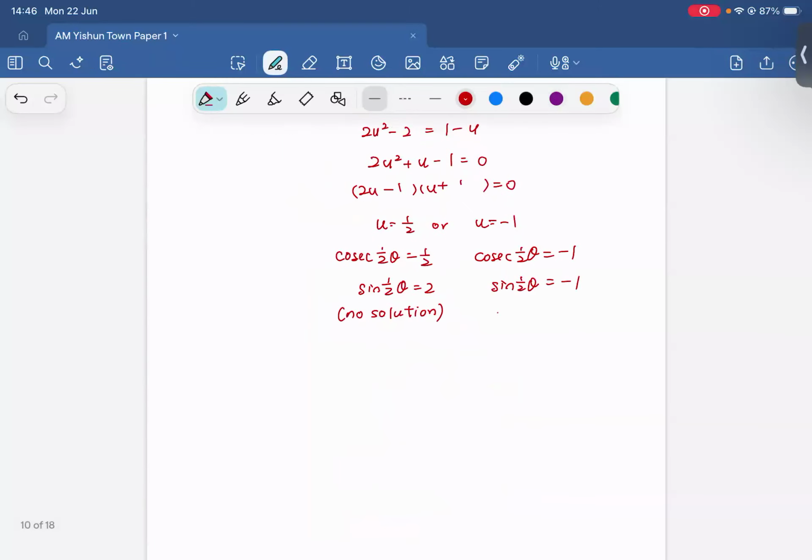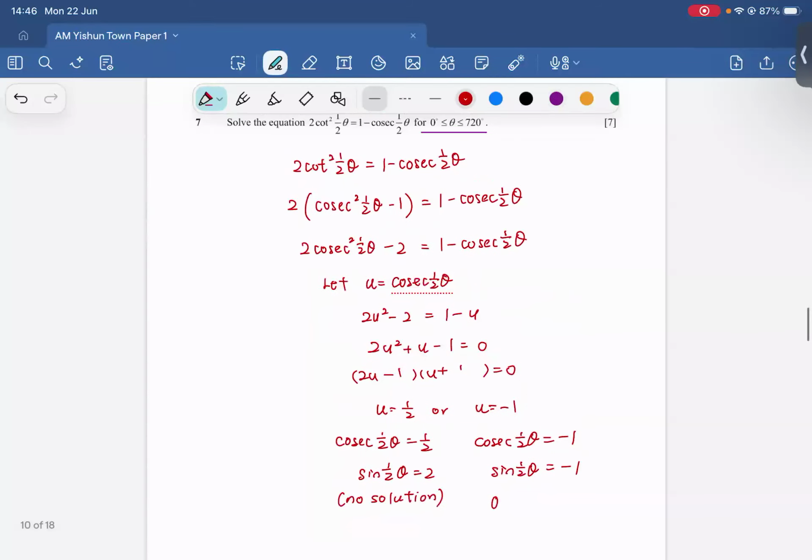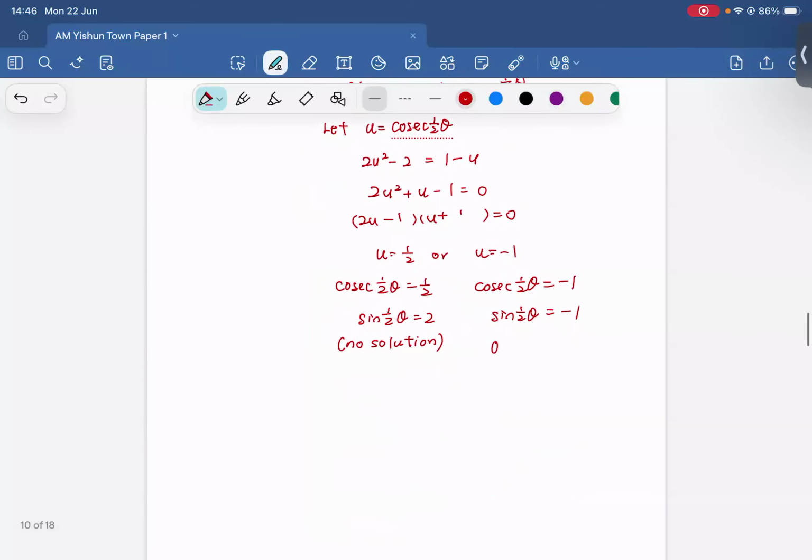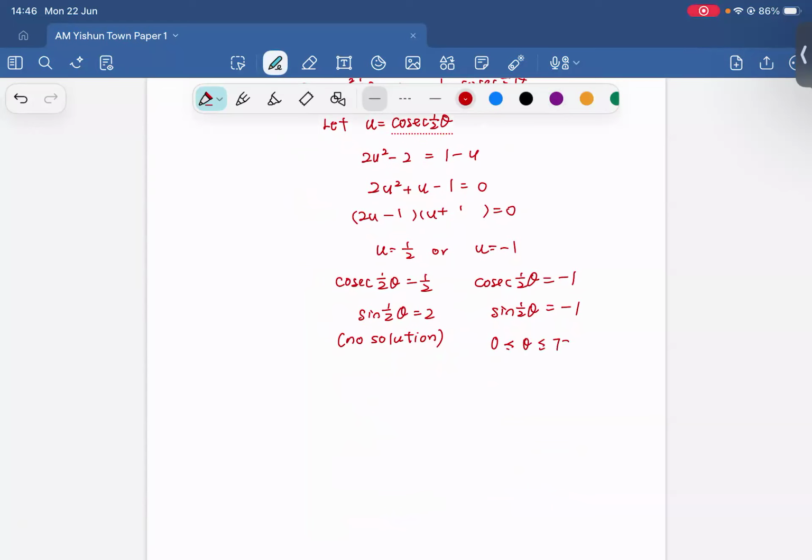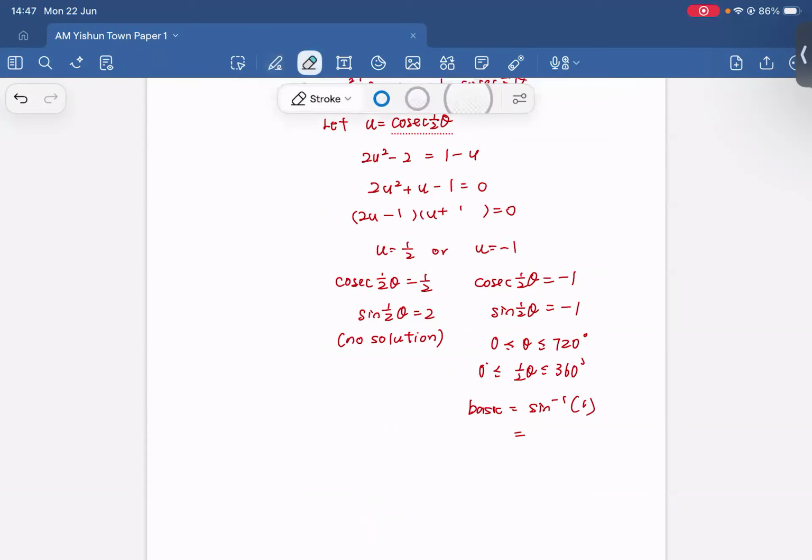Now I have half theta. So if theta is between 0 to 720, then my half theta will be between 0 to 360 degrees. So basic angle, sine inverse of positive 1, you get pi over 2, you get 90 degrees. Which quadrant is it in?